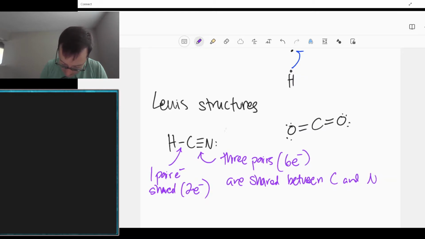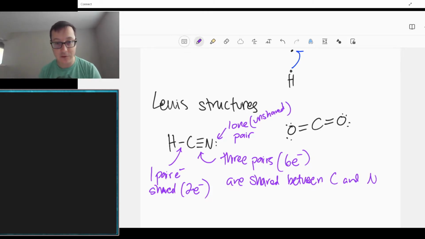We call this a lone pair. And those are not shared electrons. So those are just electrons that are on nitrogen by itself. And so it has a pair of electrons, 2 electrons, and it's got its 3 shared pairs, overall giving it 8.